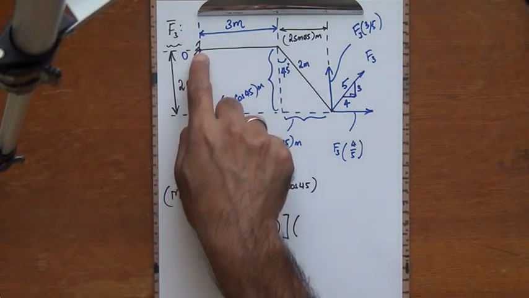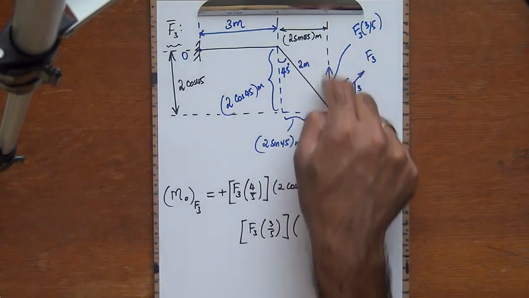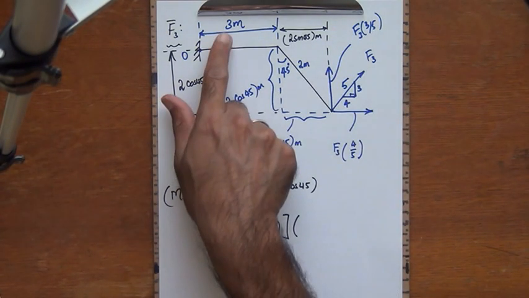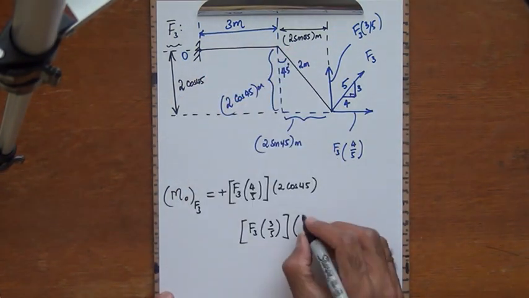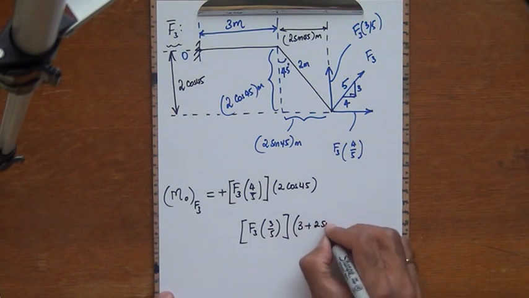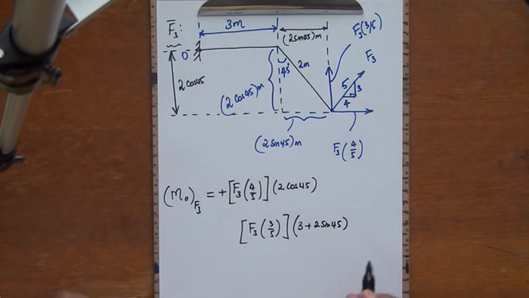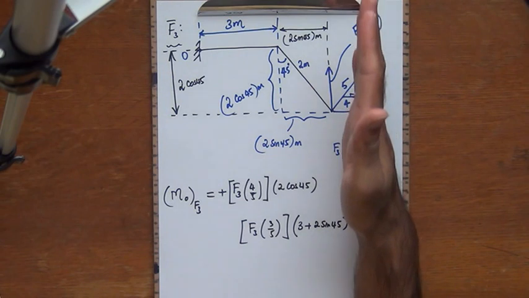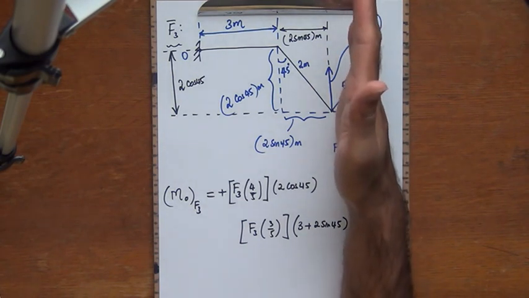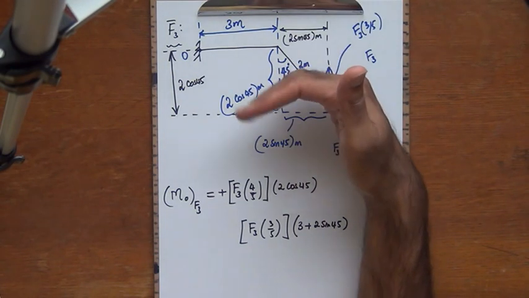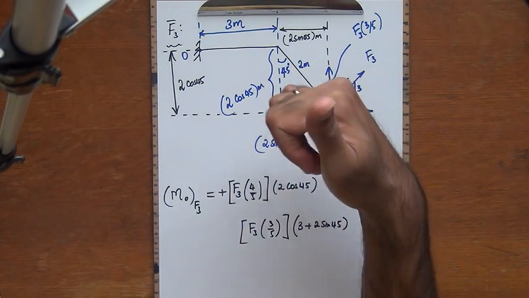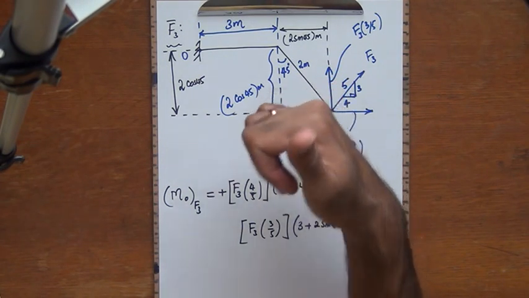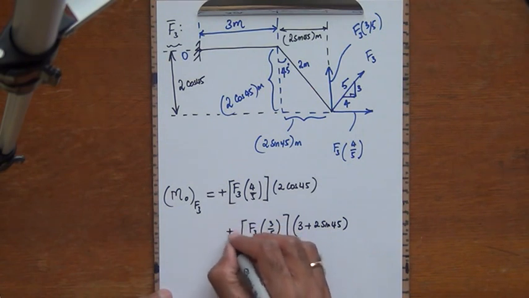You see, all the way from the point O to the line of action of the force F3 times 3/5, the moment arm is 3 meters plus 2 sine 45. So this is going to be 3 plus 2 sine of 45. And then what is the sense of the moment? Right hand rule once again, fingers of my right hand aligned with the direction of the force F3 times 3/5. My palm, you see, is facing the point O. I curl my fingers, it's in the counterclockwise sense, which means that I'm going to get a positive moment here.